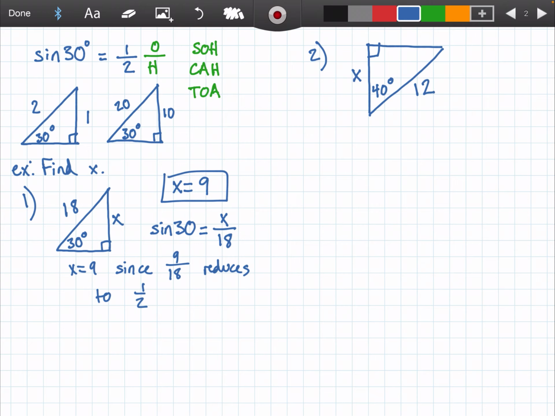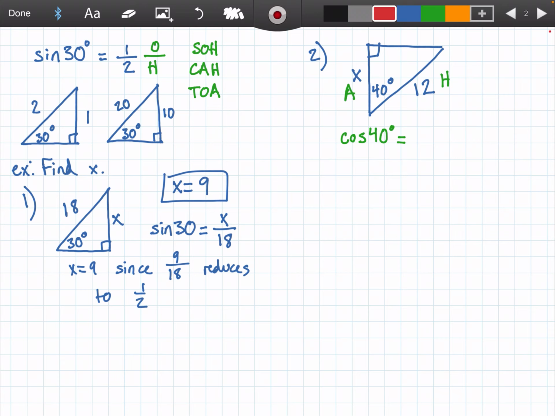A lot of students are pretty good at picking out, well, that's adjacent and that's hypotenuse, so I know that I can use cosine of 40 degrees. But if you type in cosine of 40 degrees in your calculator, you get like 0.766 and so on. It's an irrational number. It's a big decimal. So that's where the issue comes in. It's not as easy to pick out what that would be.